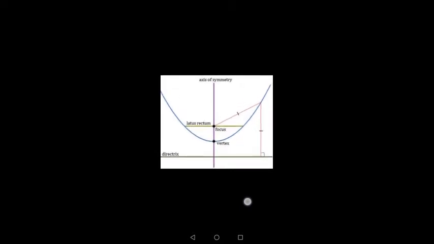Geometric properties. Latus rectum: the line segment comprised by the parabola which passes through the focus and is parallel to the directrix.